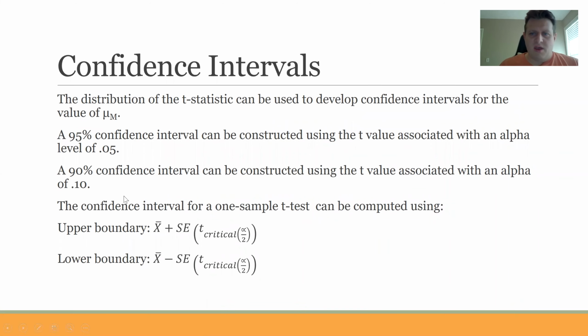Okay, so confidence intervals. Confidence intervals are very similar for a one sample t-test as they are for a one sample z-test. The formula is exactly the same, but instead of multiplying the standard error by z critical, which is either 1.96 in the case of a 95% confidence interval or 1.645 in the case of a 90% confidence interval, you are going to look at the t-table to find what the particular t-critical value is.